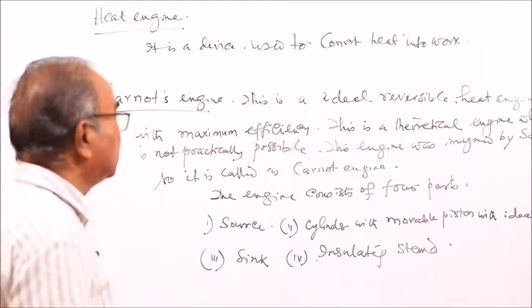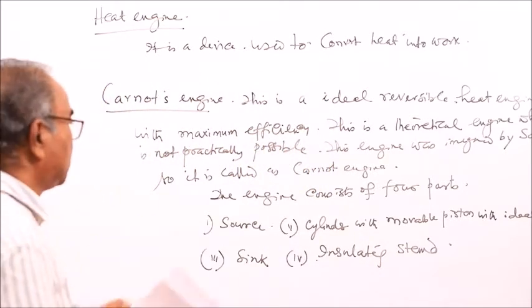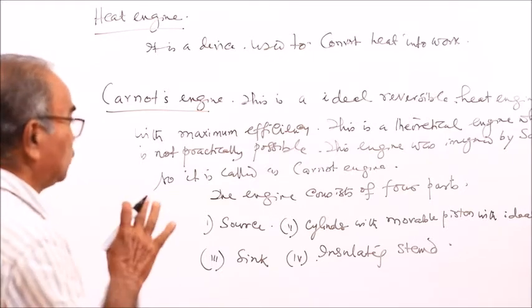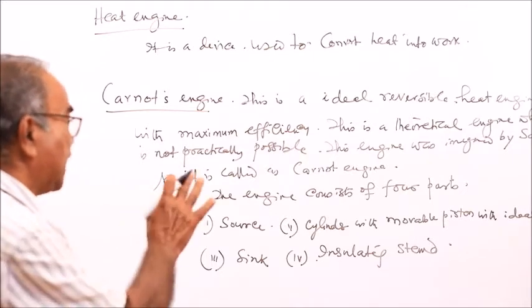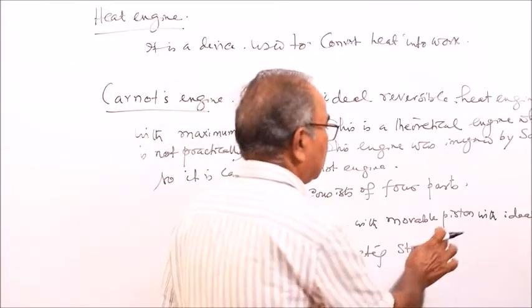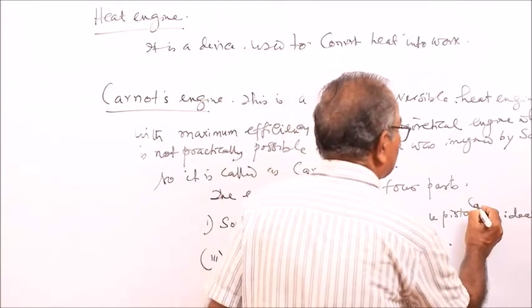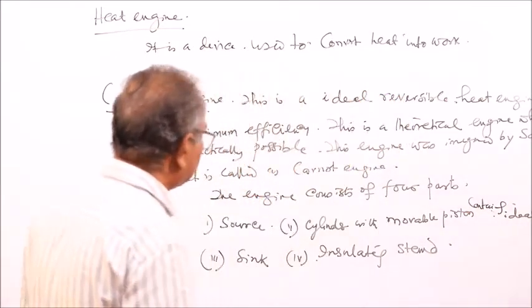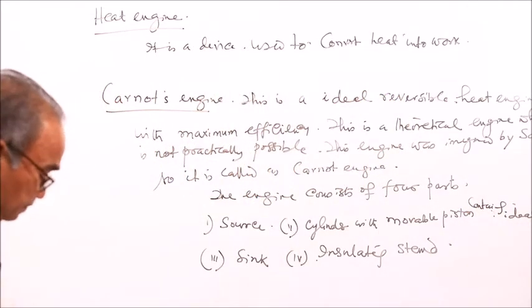So this Carnot engine consists of 4 parts: the source, the cylinder with mobile piston containing ideal gas, then the sink and the insulating stand.